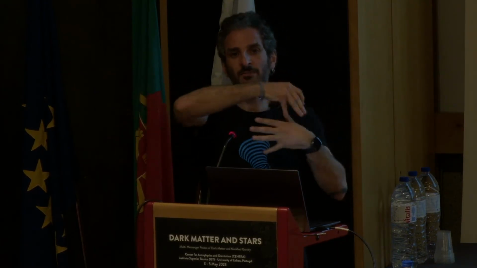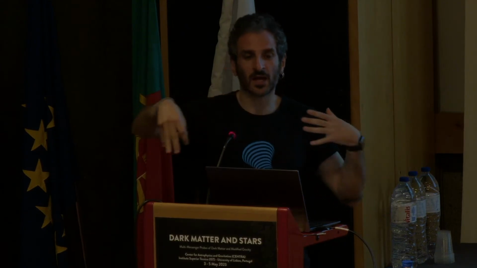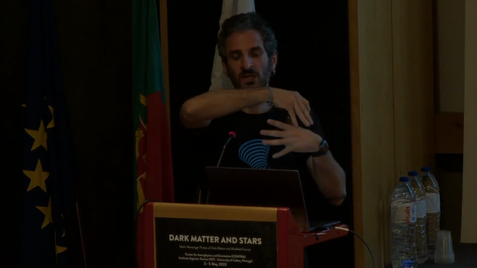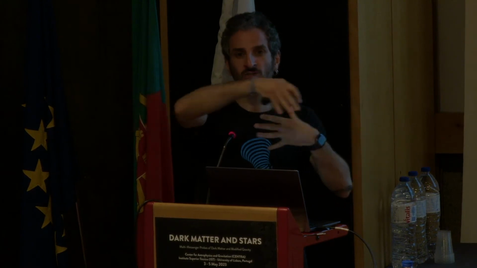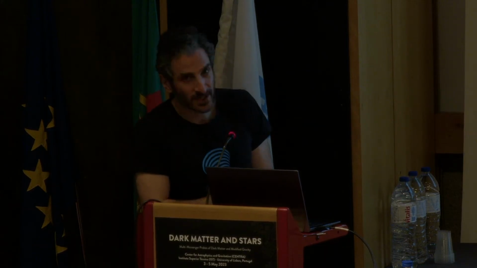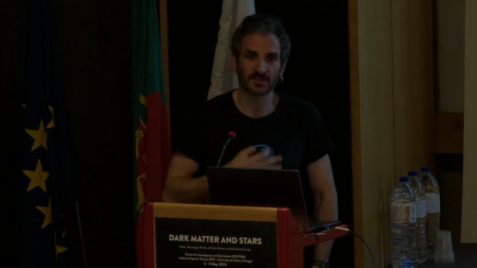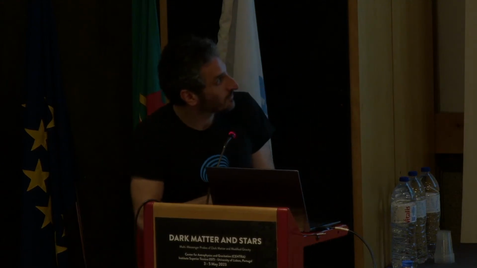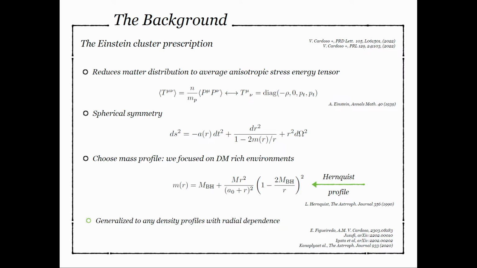Basically, there is a procedure in which you average out, in a sort of mean field approximation, the geodesics of all the particles, and then this collection of dust reduces to an effective stress-energy tensor here, which has the form of an anisotropic stress-energy tensor with the tangential pressure and density of the matter around. So the game here is that we have this, which describes the matter outside the black hole, and we want to find a background solution.